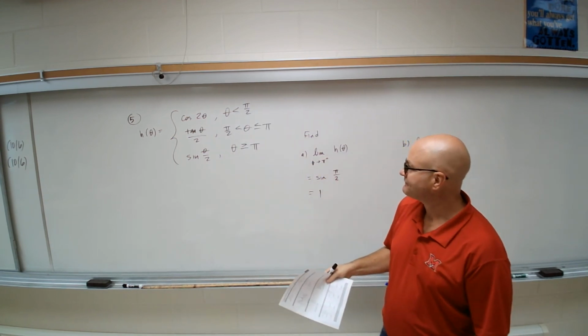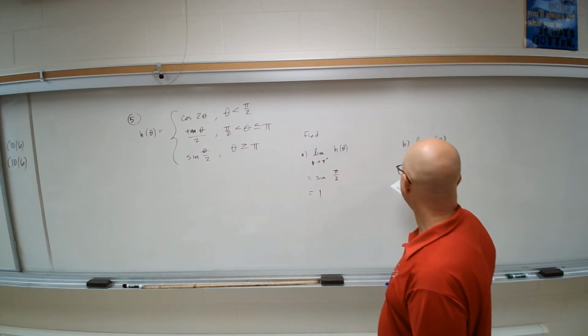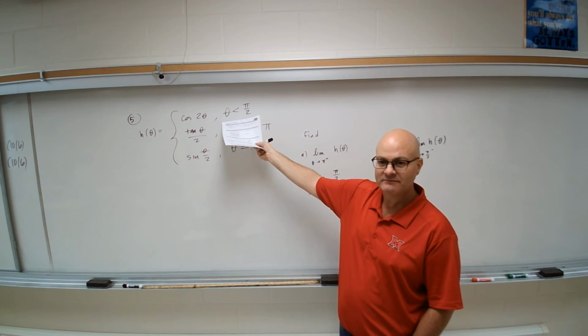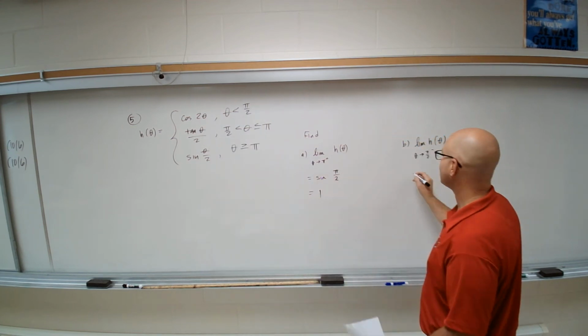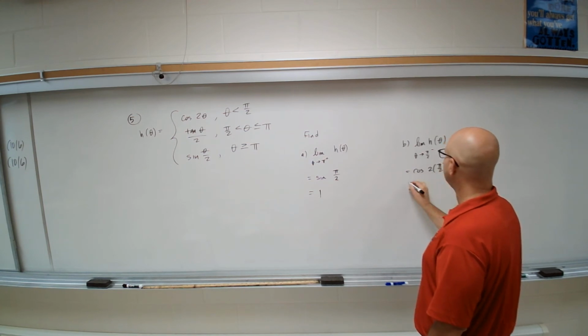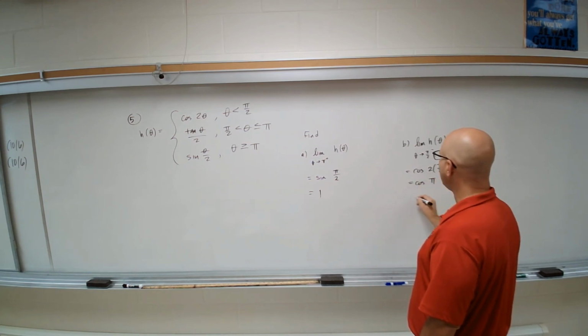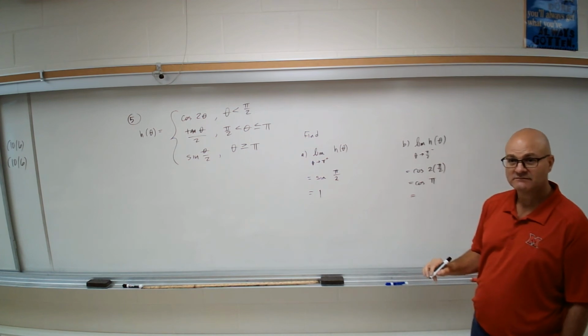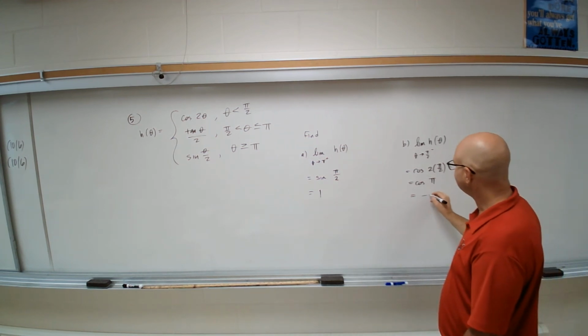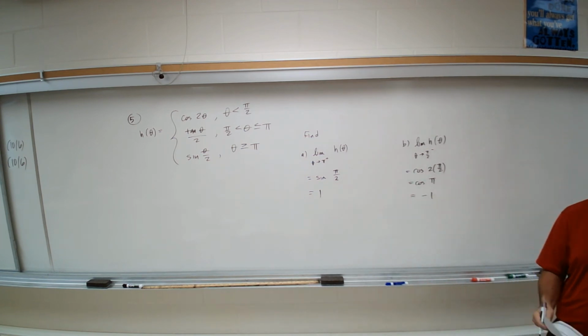And with that, we just want to do the left-hand limit, so we want to look at where theta is less than pi over 2. That gives us, with direct substitution, the cosine of 2 times pi over 2, which is the cosine of pi, which we all know is negative 1.